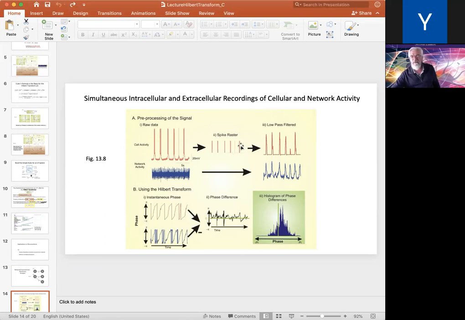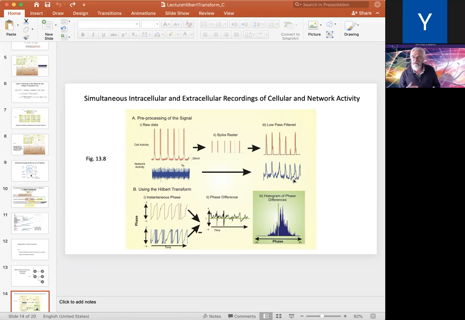Then we converted that spike activity here and the spike activity there into a continuous signal that represented the frequency of the underlying neurons. And you can already see a little bit better how they agree and disagree.